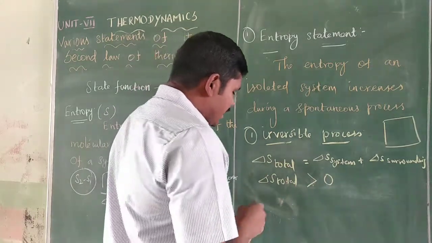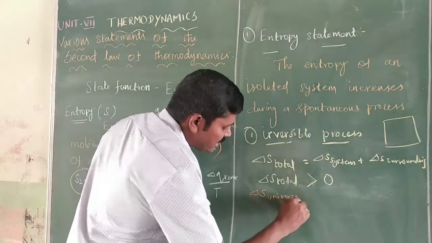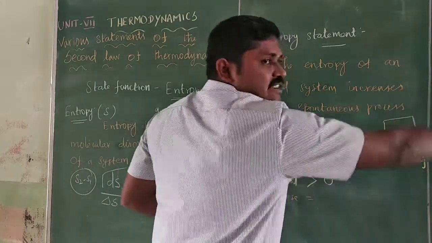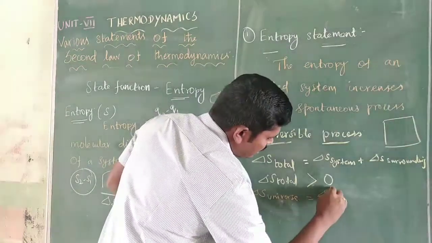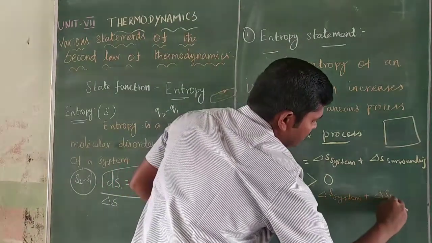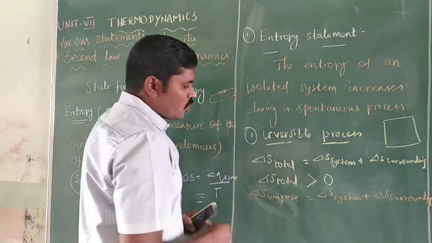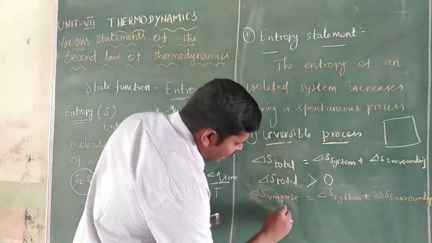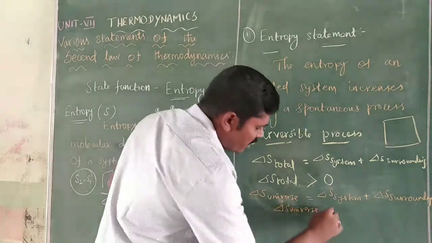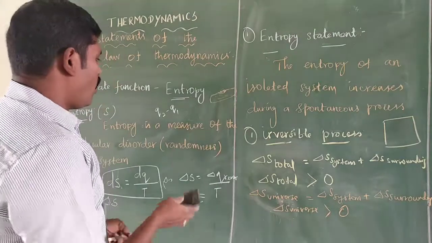In other words, del S universe is equal to del S system plus del S surrounding, and in an irreversible process, del S universe is always greater than 0.